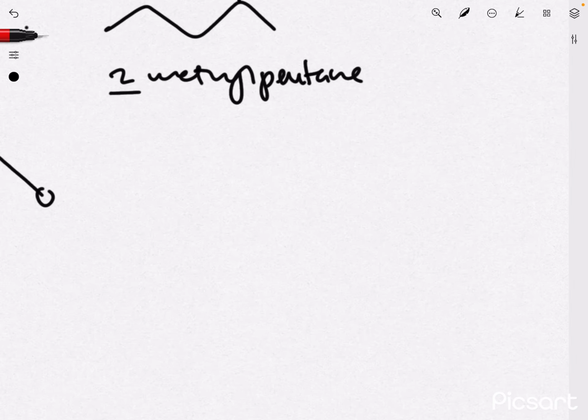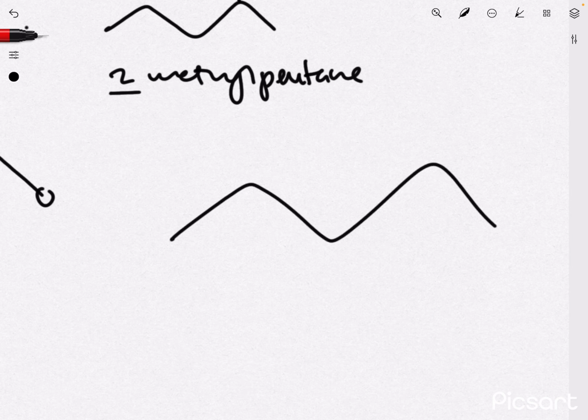Now, as I was stating earlier, when we have an alkene or a double bond present in our carbon chain, we add an extra line to represent the location of the double bond.